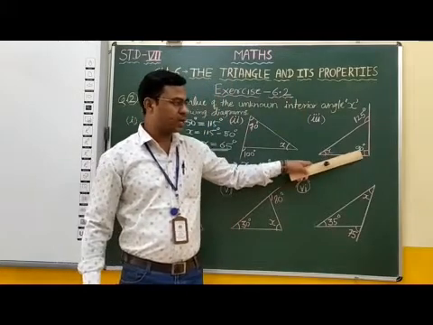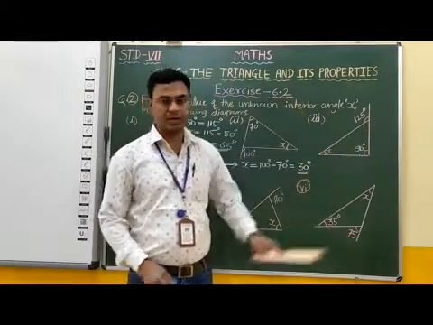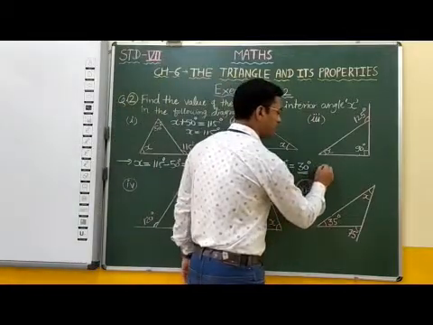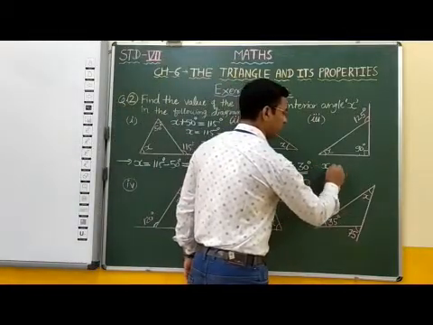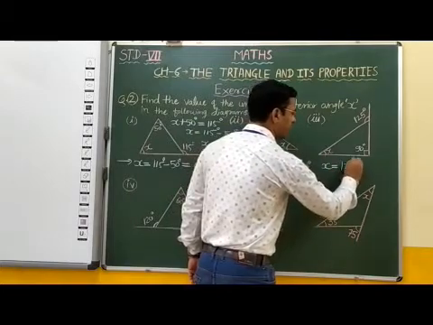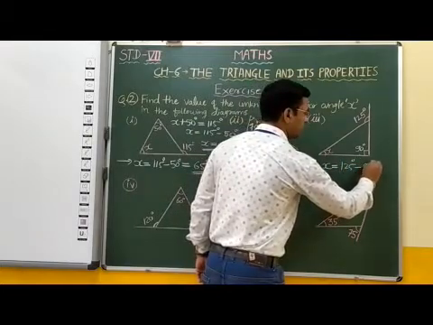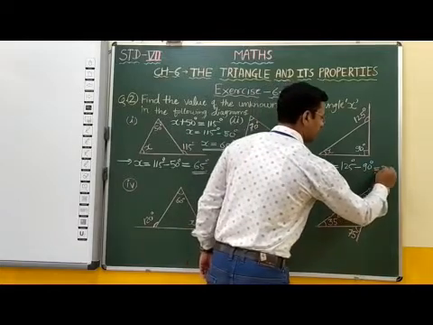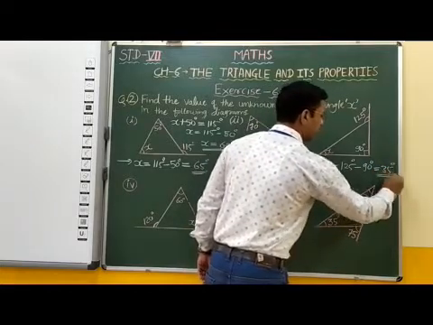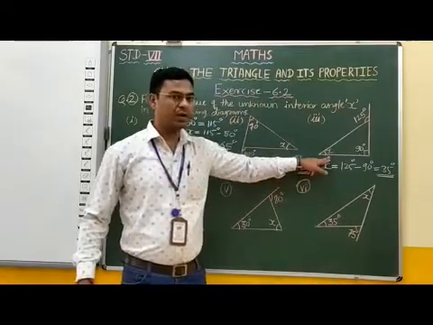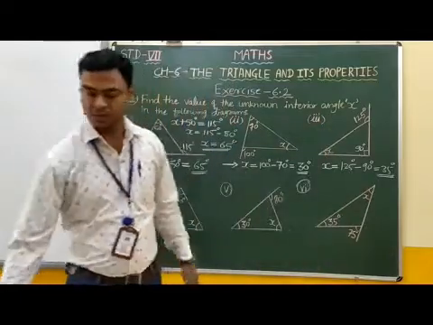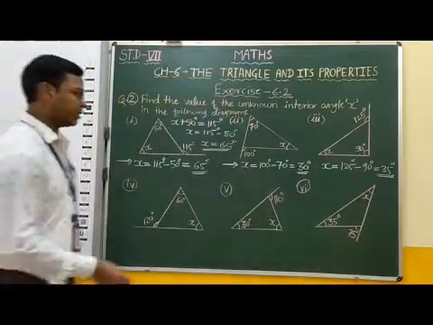Therefore, subtract this angle from the exterior angle. Therefore, x is equal to 125 minus 90 degree, which is equal to 35 degree. Therefore, here the unknown angle, or the measure of x, is equal to 35 degree.